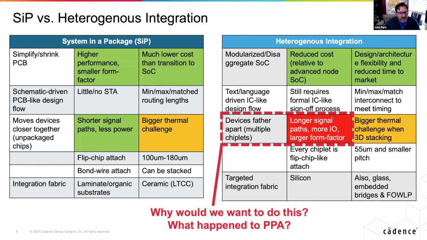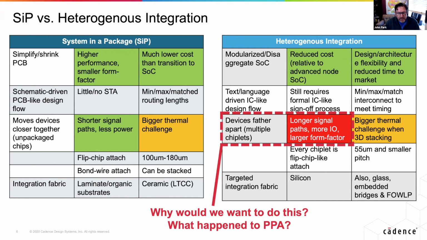The system in package applications are mostly schematic driven, almost like PCB design flows. And of course, we have different ways of attaching the bare die. Historically, mostly wire bond attached, but more recently, a lot more flip chip attachment of those designs.